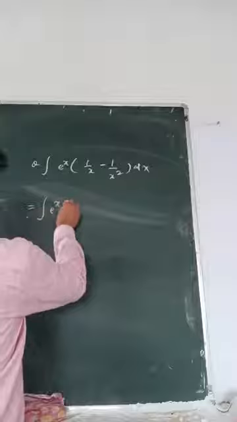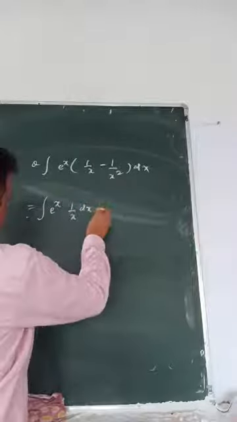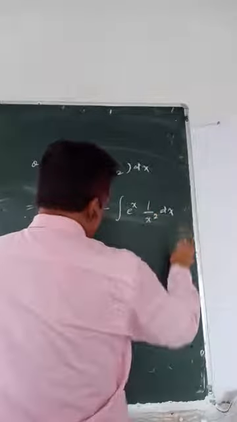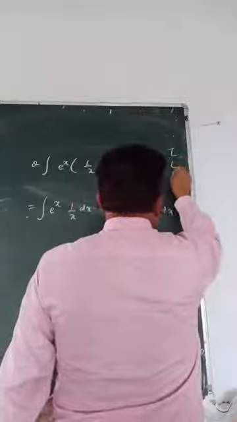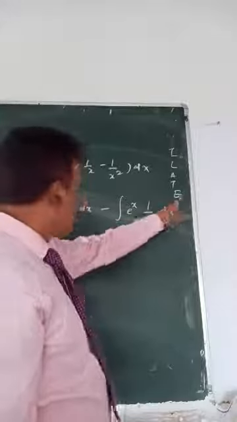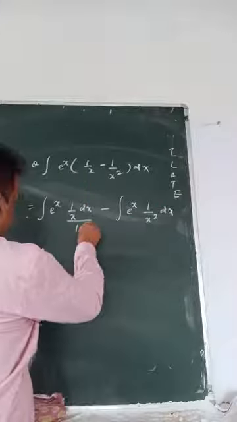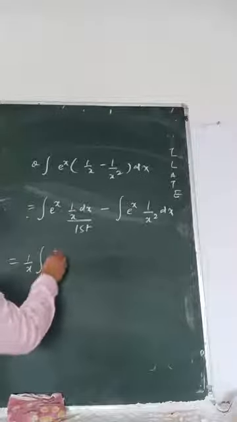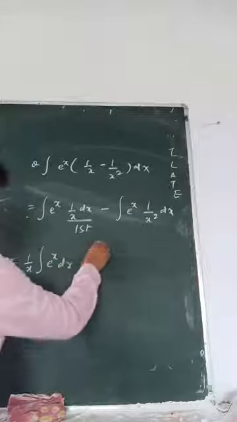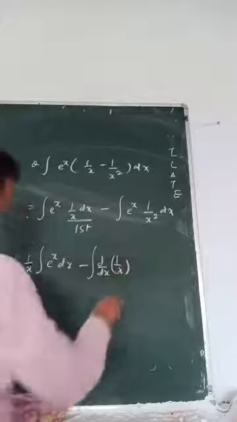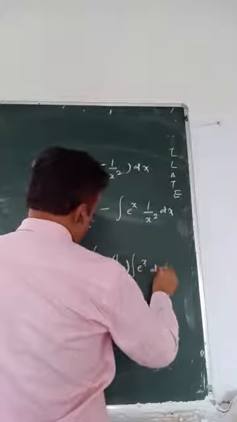Separation means e to the power x 1 by x dx minus e to the power x 1 by x square dx. However, in ILATE, e is the last. That means this will be your first function. So first function, integration of second, minus integration of derivative of first, integration of second, whole dx.